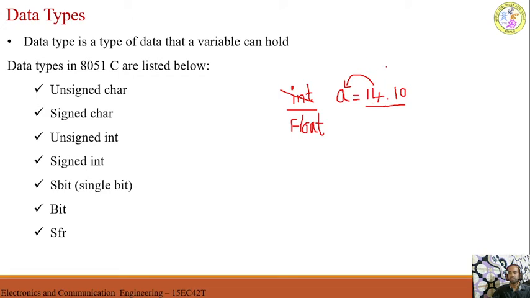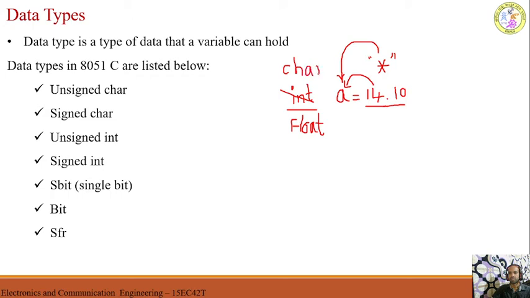Similarly, I can store some characters. For example, shall we take star. In the keyboard we have a star key. I want to store this star key into the variable A. Then what am I actually storing? I am storing a character. At that time, I need to declare A as a character, so I write it as char.